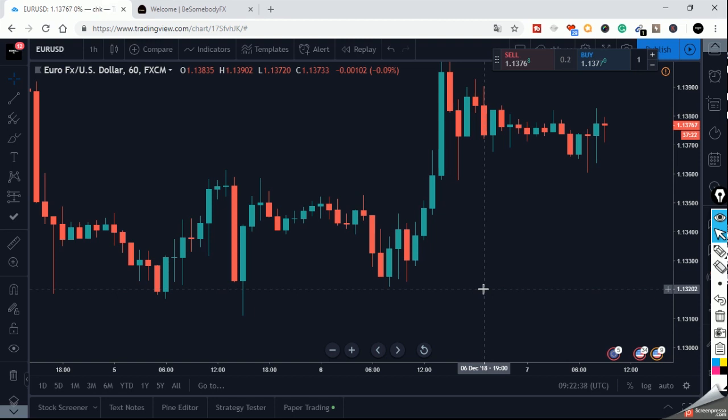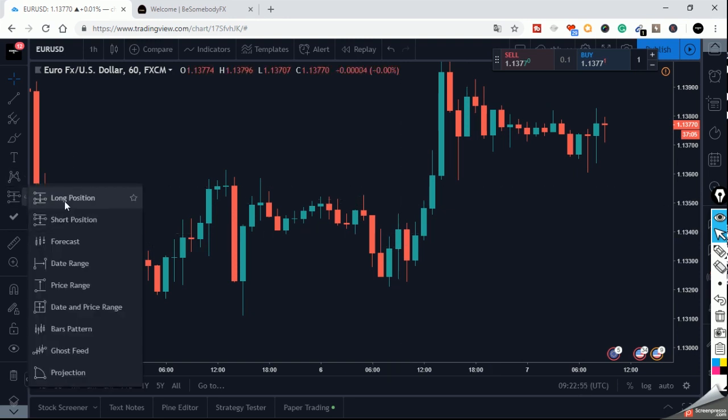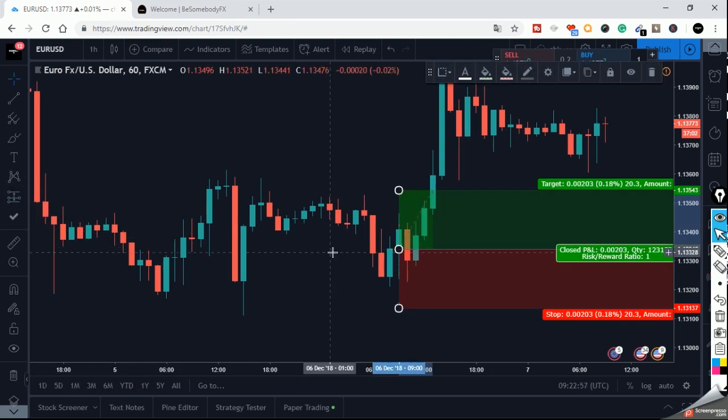There might be a lot of things going on. But everything brings to the idea that probably somebody is interested in the price going upward. And in this case, we open a long position at the very close of the 8 o'clock candle.